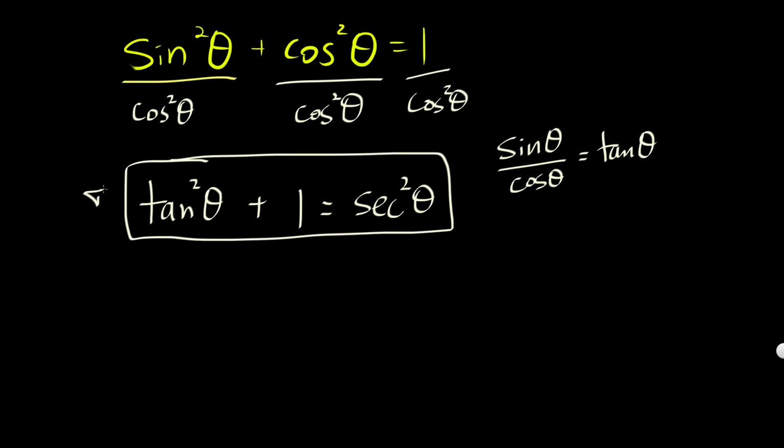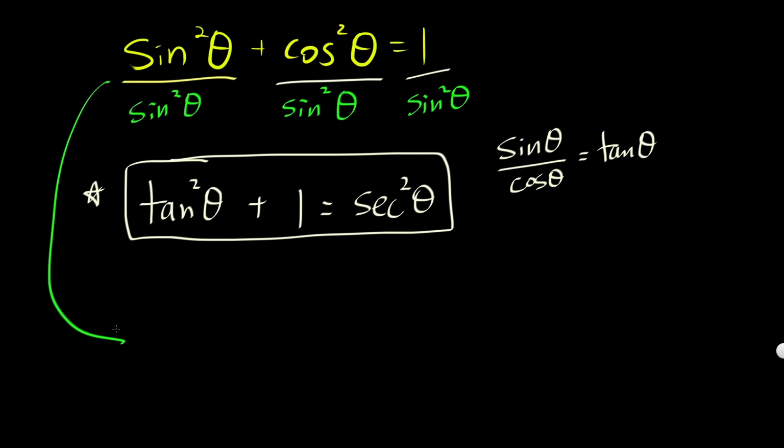You should memorize this or at least know how to derive it. But for the other one, this time I'm going to divide everything by sine squared theta. So we do the same thing, except we're dividing by sine squared theta. Then sine squared over sine squared is just 1. And then cosine over sine.